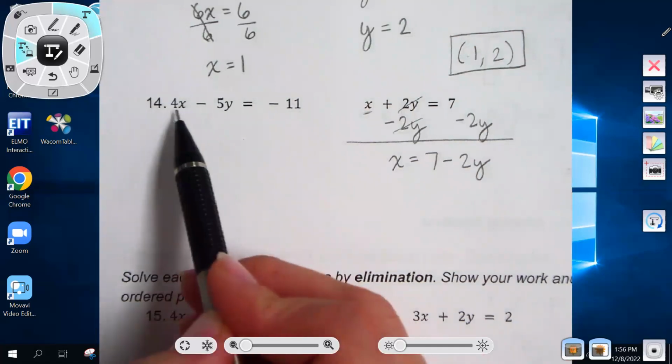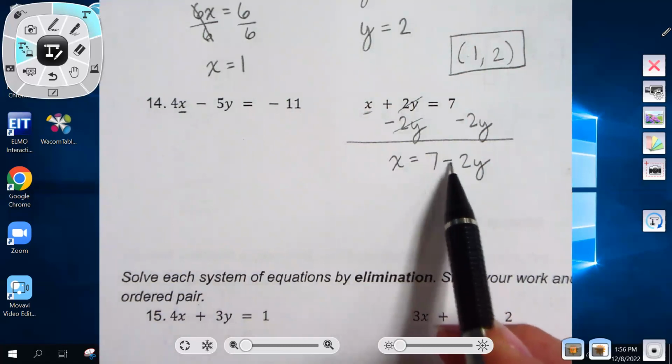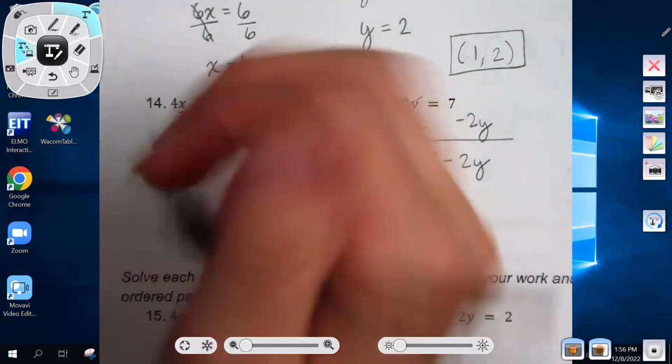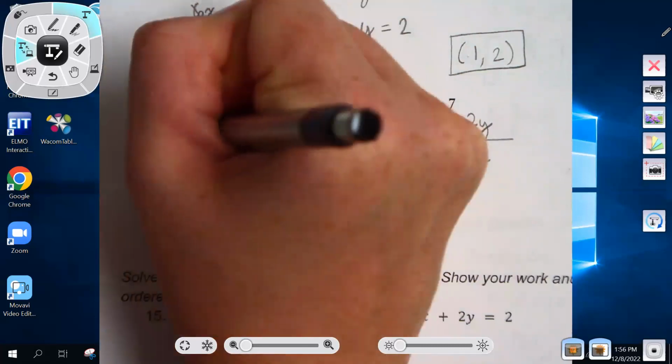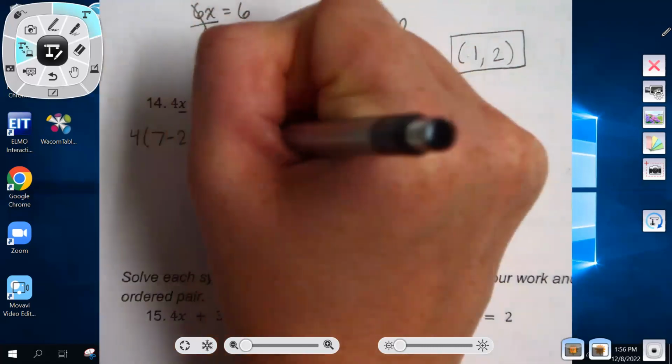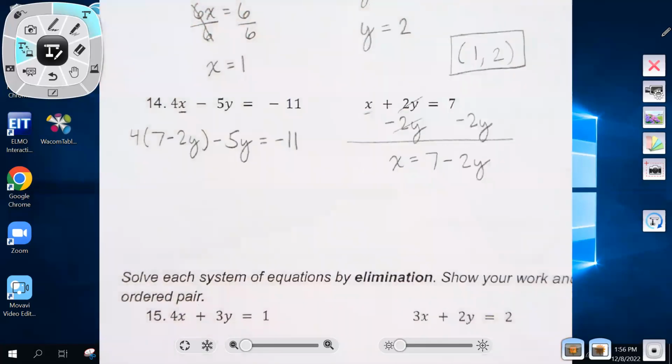So instead of x in this equation, we can substitute in 7 minus 2y. So 4, and instead of x, we've got 7 minus 2y. Then minus 5y equals negative 11.